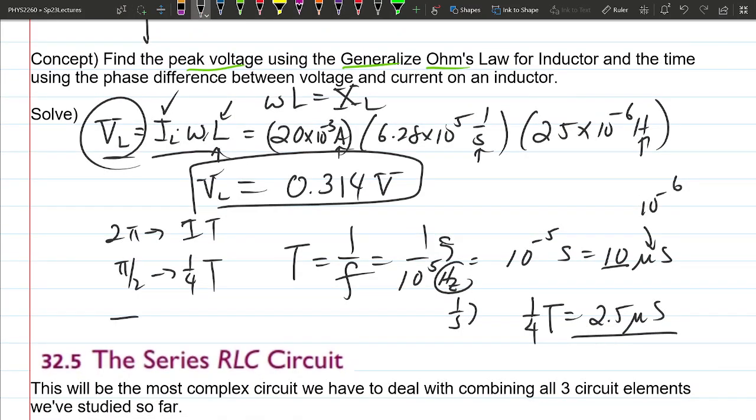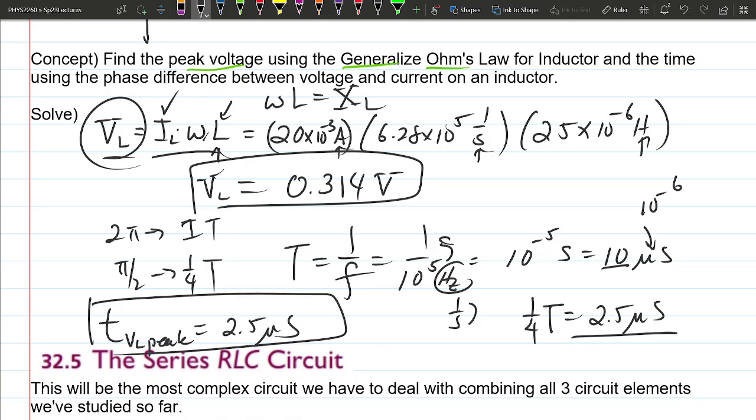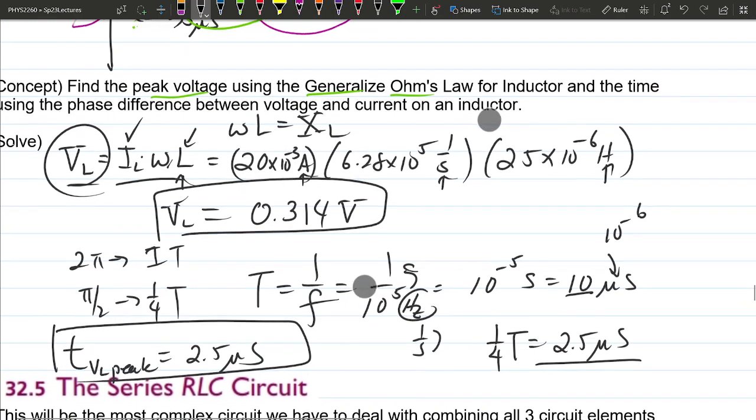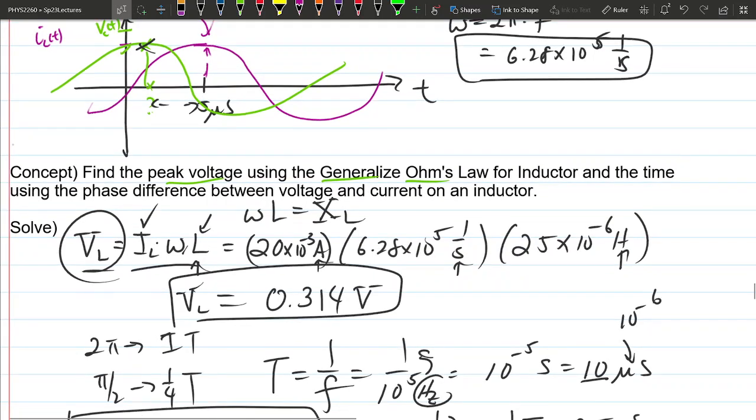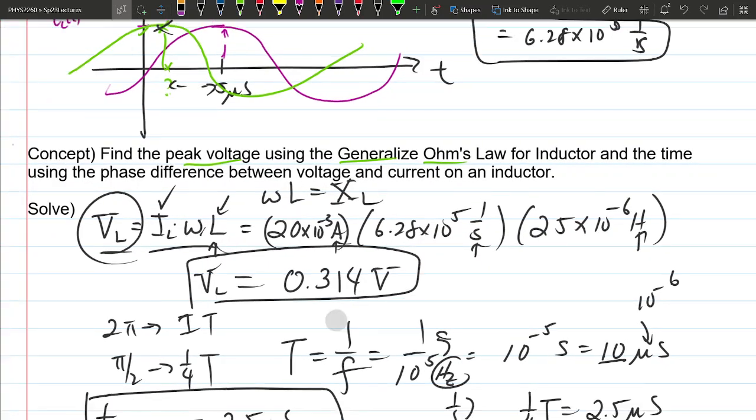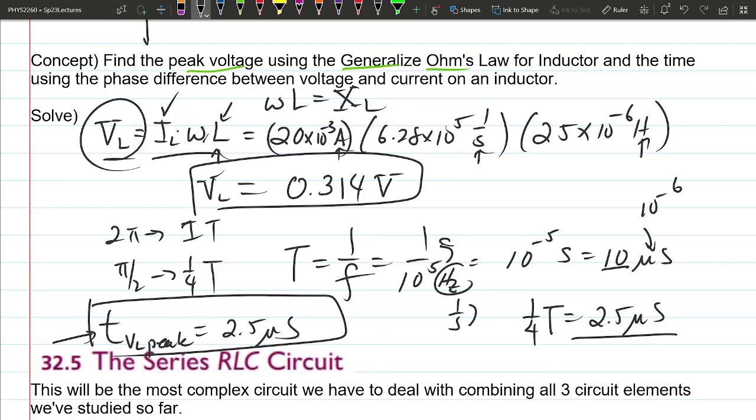T for the VL peak equals 2.5 microsecond, not 7.5. If I drew that green wave in the wrong order, I would have thought it's actually 7.5 instead. But always remember that whatever the voltage is on an inductor is going to happen before the current, whatever the peak is.